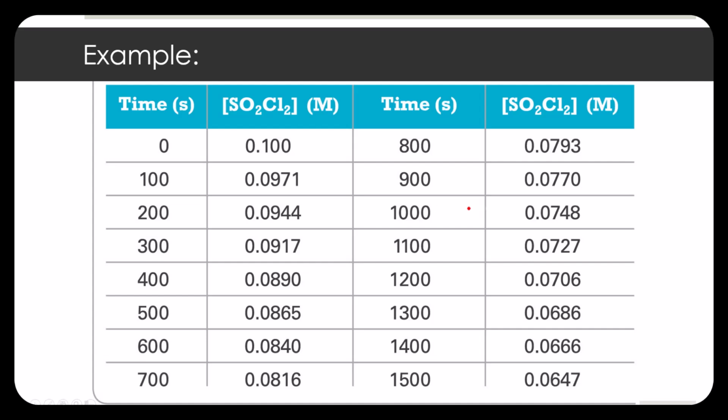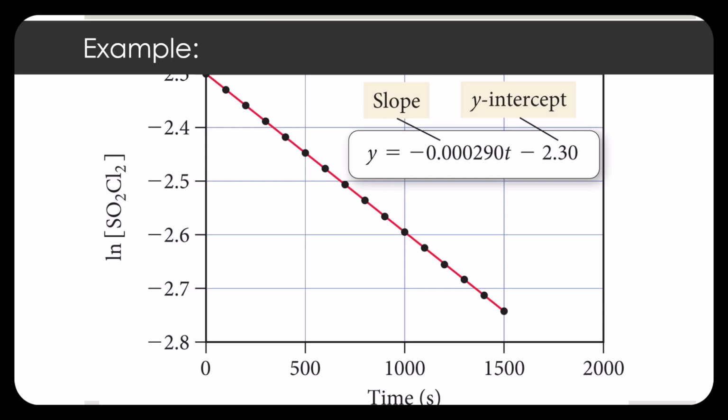After 1,000 seconds, it was 0.048. Okay, so you would take this data and you would throw it into a graph. If you had maybe a suspicion that this was a first order reaction, you might put time on the x-axis and then take the natural log of concentration for the y-axis.